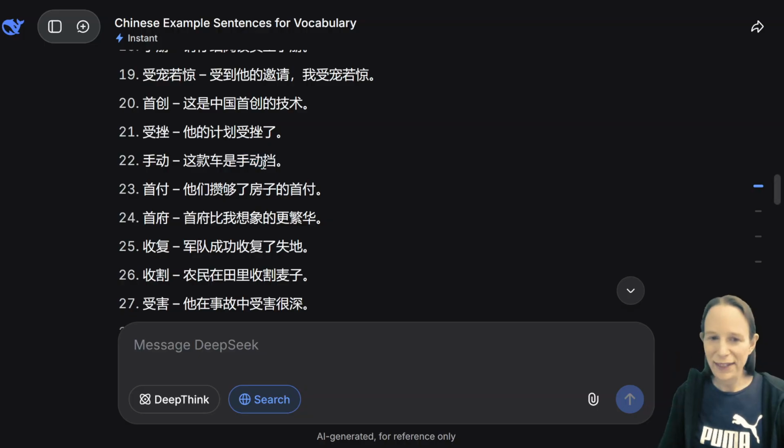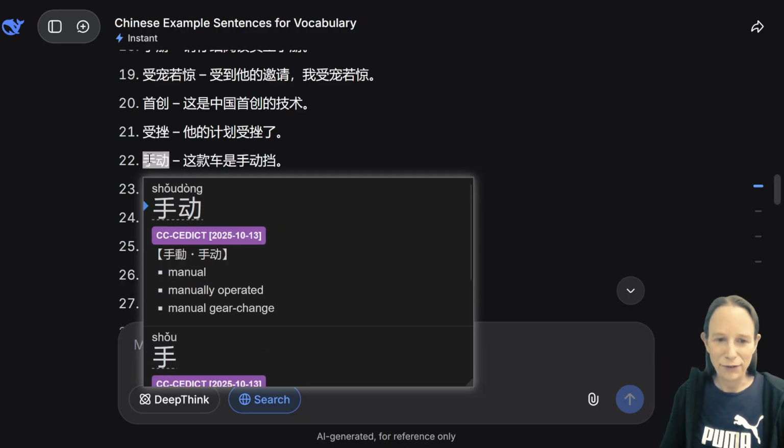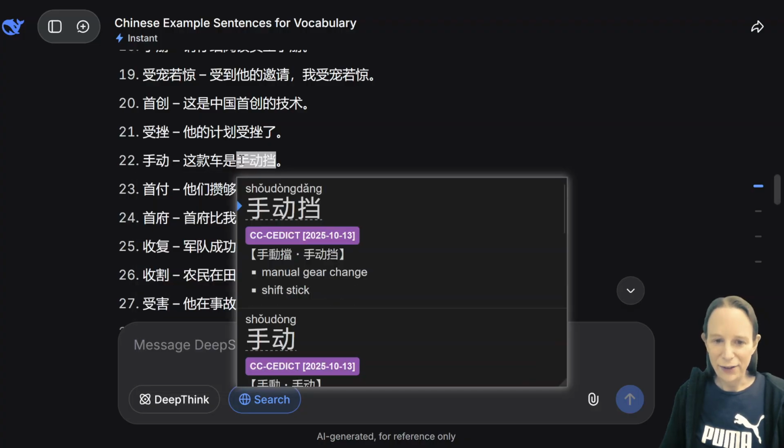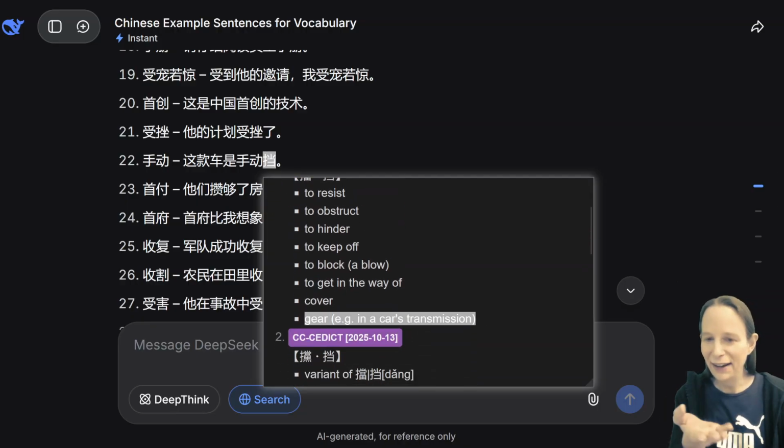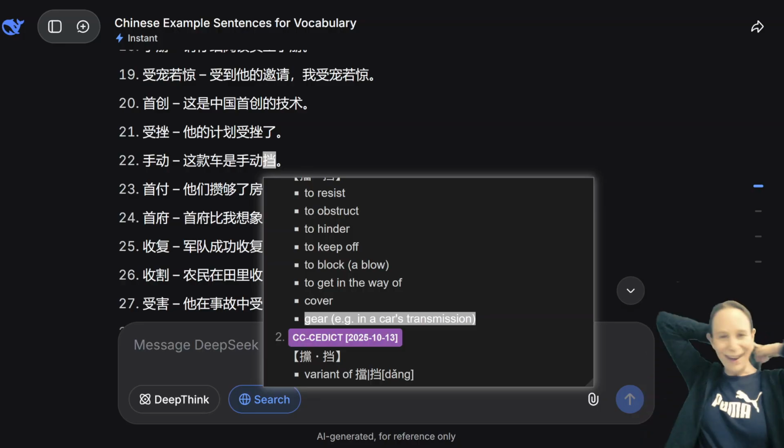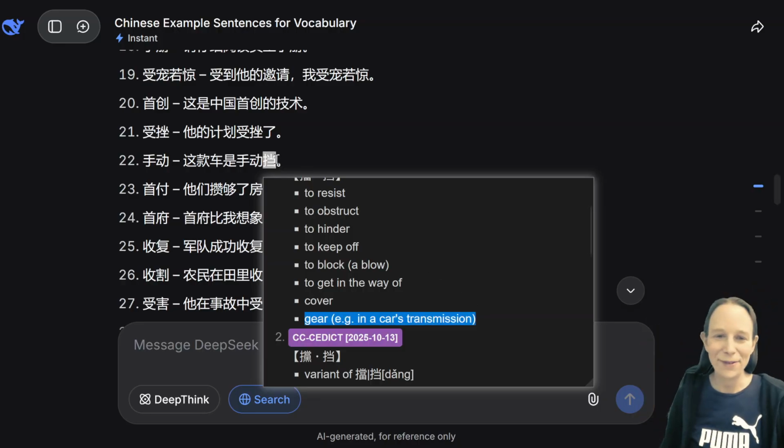What else could it mean? I don't know. Hand move. Manual. Oh, okay. So manually, what is dang here then? Oh, there is another meaning of dang that I didn't know that refers to fast transmission. Wow, all right. That's a very narrow word, isn't it?